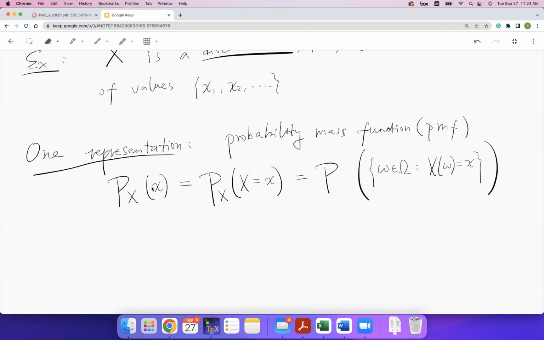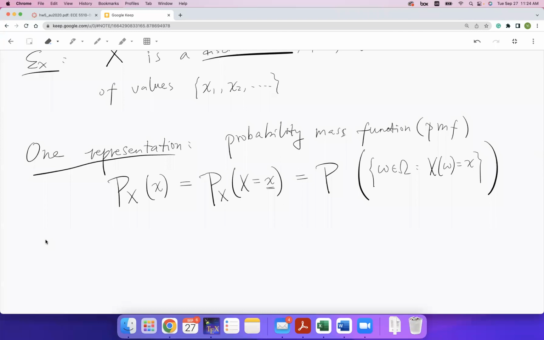Okay. So in this case, because these realizations of X, small x, are discrete, we can list these cases one by one and compute their probabilities. So this gives us a probability mass function.